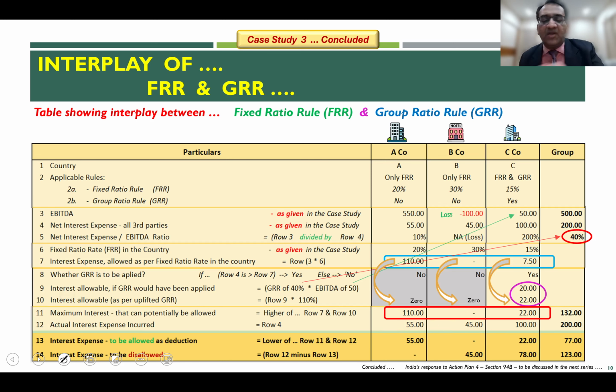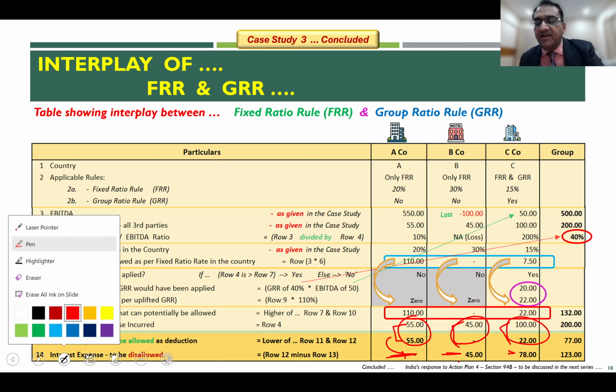And therefore, what will be disallowed? Your total minus what is allowed will give you this. So 55 minus 55, 0, nothing is disallowed. 45 minus 0, 45 is disallowed. And 100 minus 22, 78 is disallowed.